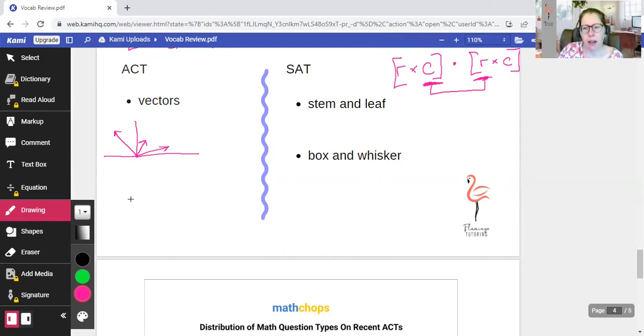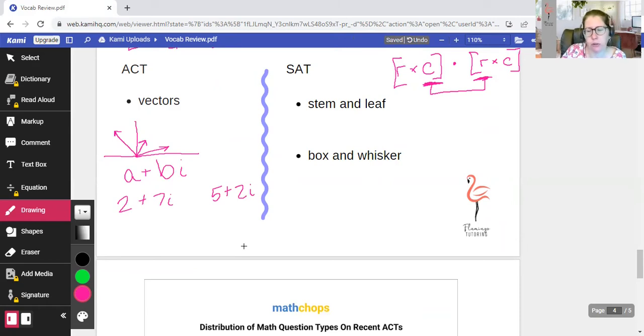All right. The other way that they test vectors is in the complex plane. They'll express it as a plus bi, and this is just another way of writing a point on a graph. And so they'll say, 2 plus 7i and 5 plus 2i.